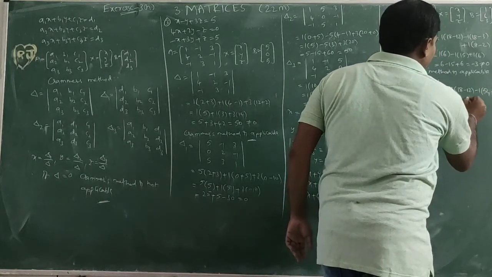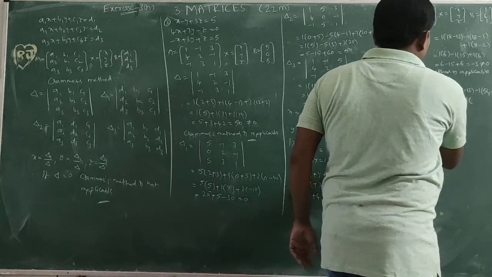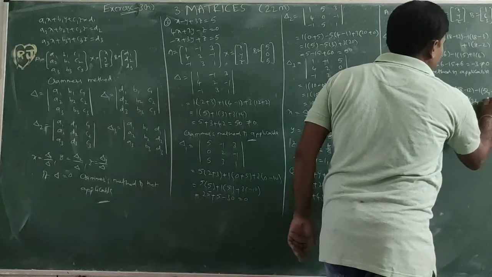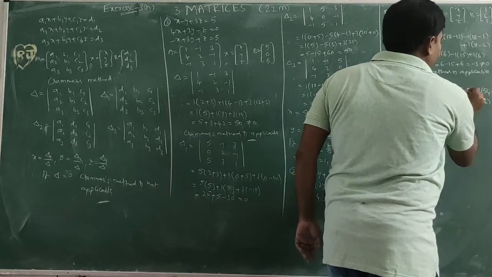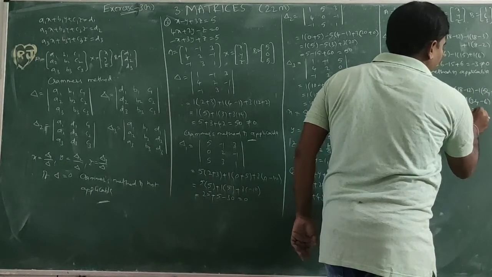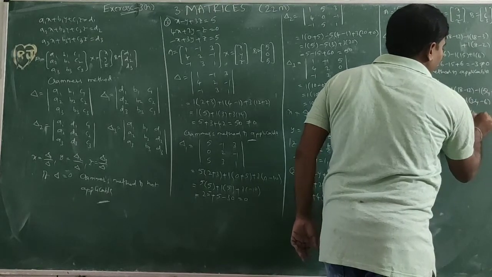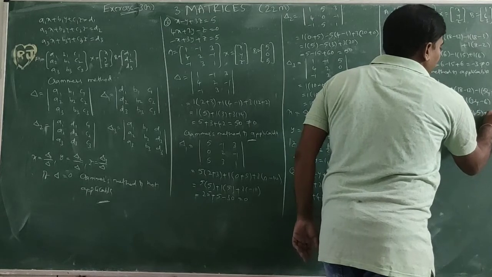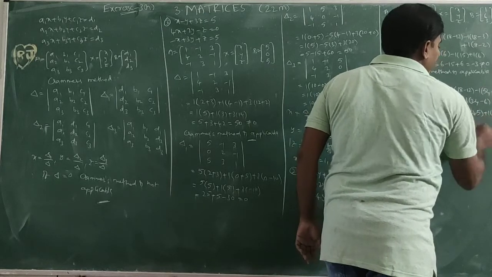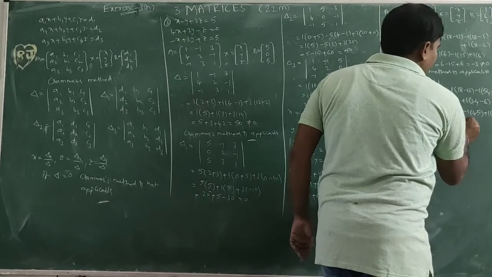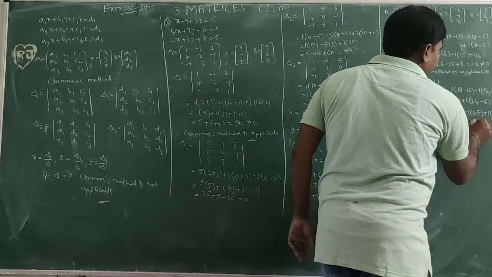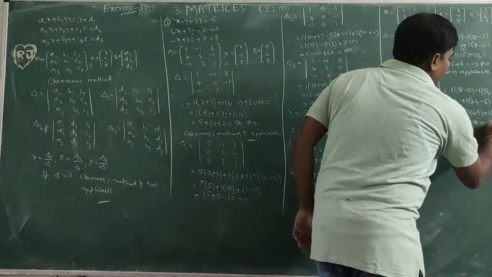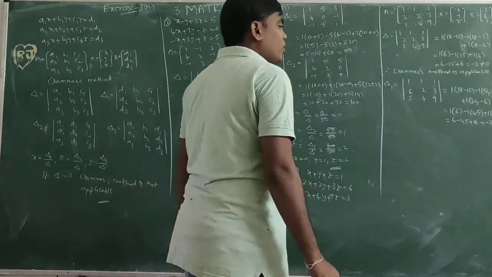Plus 1 of 6 into 4, 24, 3 into 2, 6, 24 minus 6, 18. So 6 minus 45 plus 18, 6 plus 18, 24 minus 45, minus 21. So delta 1 is equal to minus 21.